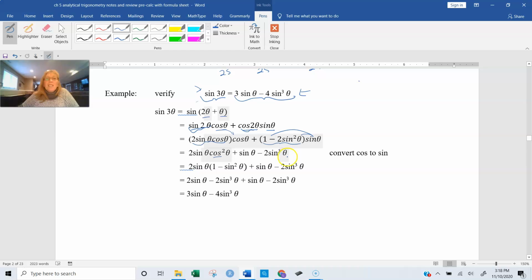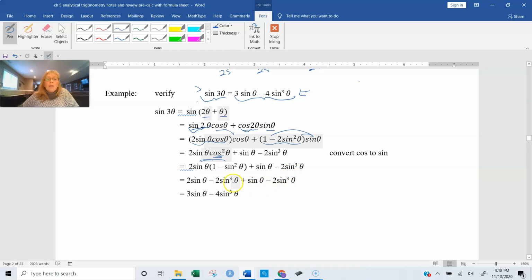Okay, that's not bad, but I still have to be in all sines, and I have this cosine squared. Well, cosine squared, I know, is equal to 1 minus sine squared from our Pythagorean identity. So we're going to plug that in. Let's distribute, see what this does for us. 2 sine theta minus 2 sine cubed theta. Can't do anything over here yet.